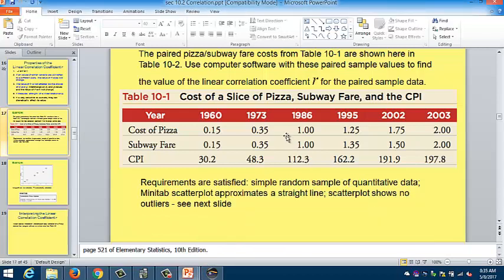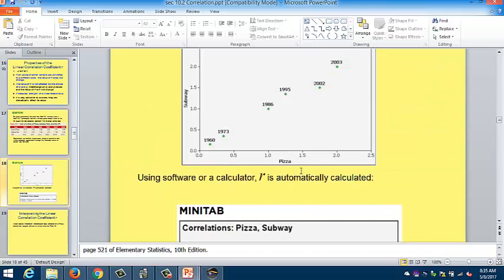If you were to put this into, say, Excel, and we'll do that in a moment, you could plot the data, right? And it says using software or calculator, R will automatically be calculated. And so rather than go through the whole formula in depth with you guys, we're just going to learn how to compute it and then interpret it.